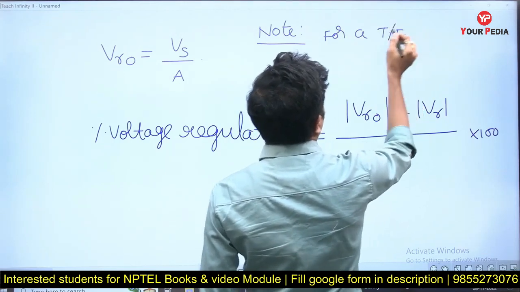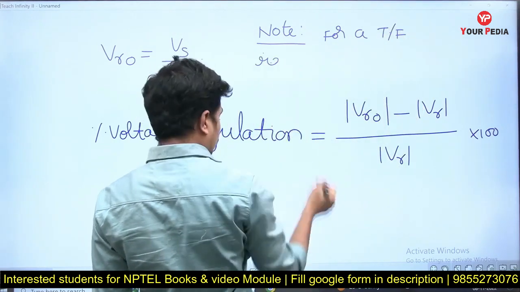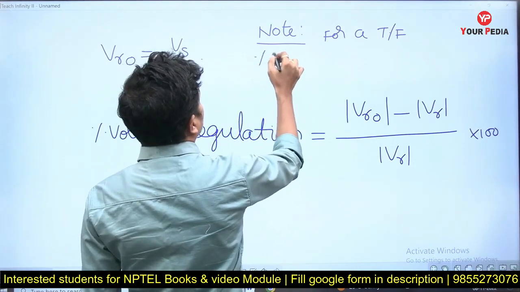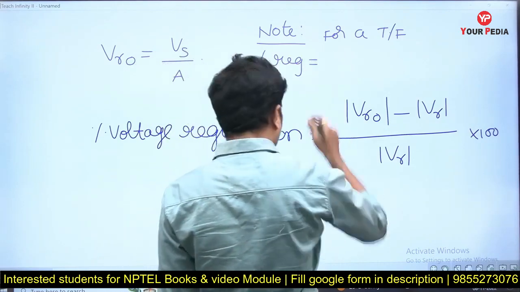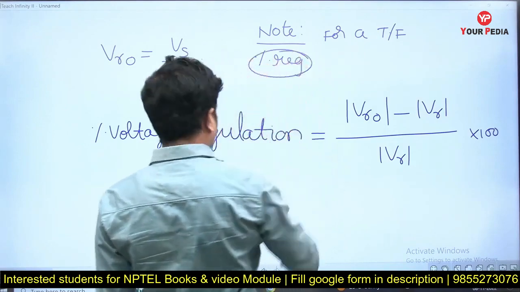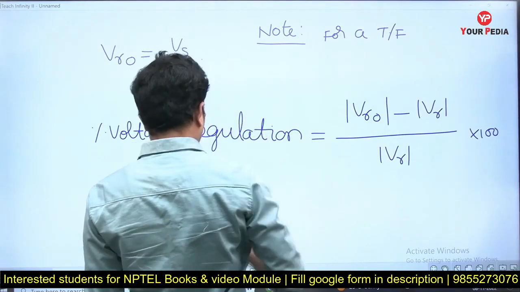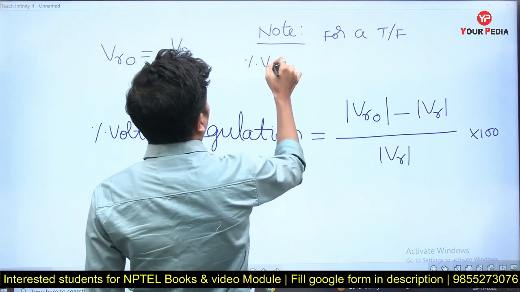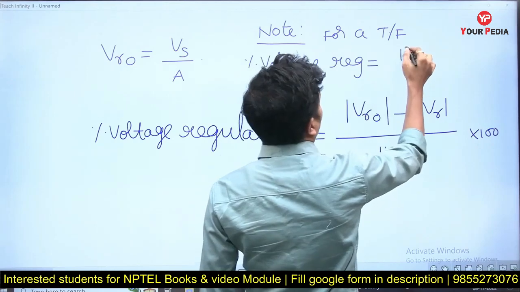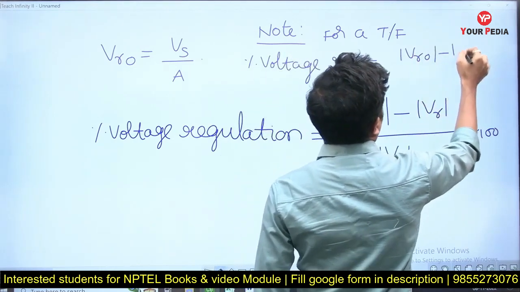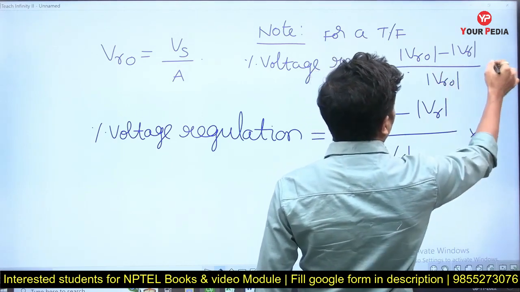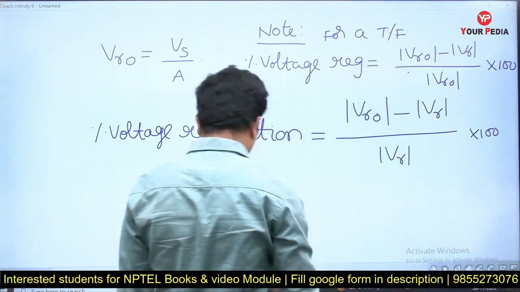Percentage regulation, in fact percentage voltage regulation, is equal to mod VR naught minus mod VR, by mod VR naught only, it's not mod VR, into 100.